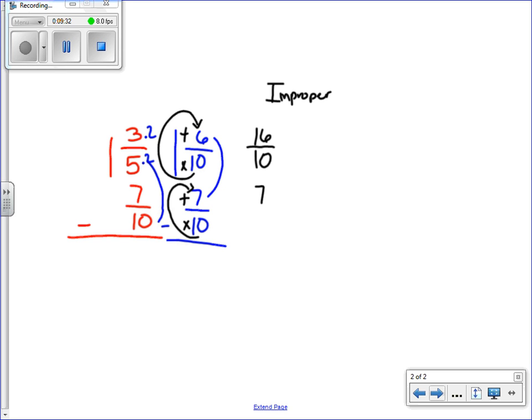Well, really, we just leave that as 7/10. We can't make it improper because an improper means that there's a whole rolled into it. So we can just subtract these as they are. 16 minus 7 is 9. Denominator stays the same. Can I reduce? No.